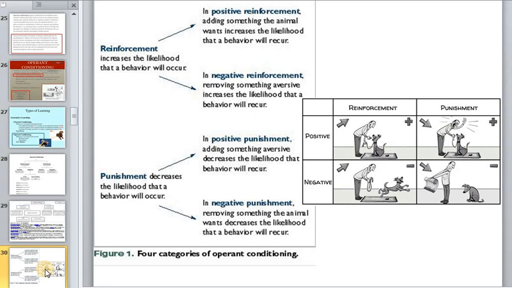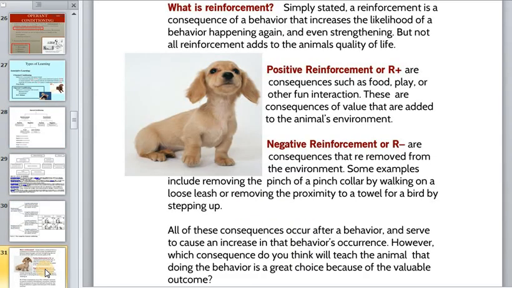But in the future we will return to these pictures when we study what reinforcement is in general. Simply put, reinforcement is consequences of a behavior that increase the likelihood of the behavior happening again, strengthening it.